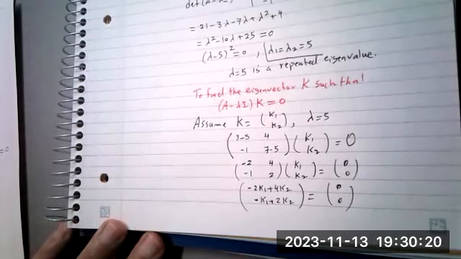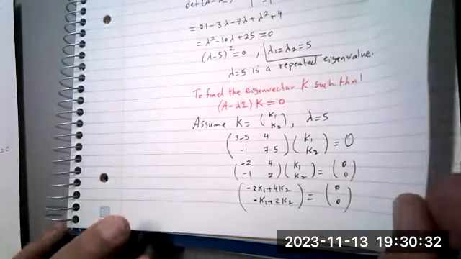Write it down, then I go to the next page. Any question? This is just doing the algebra of this part. Let each be equal to 0 to get a system of equations, and you'll be able to find your K1 and K2.